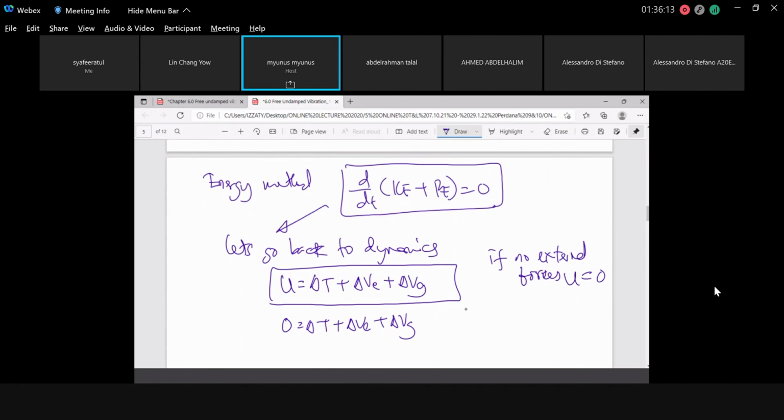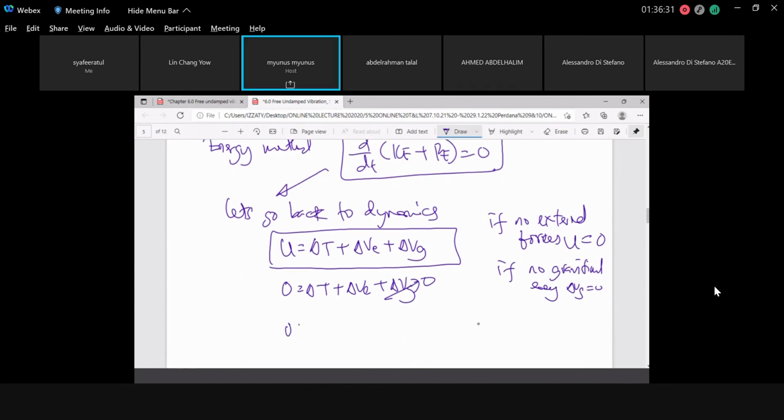Okay, if there is no gravitational potential energy, delta Vg becomes 0, so you have only two terms. 0 is equal to delta T plus delta Ve, and this is what you do at that particular instant.